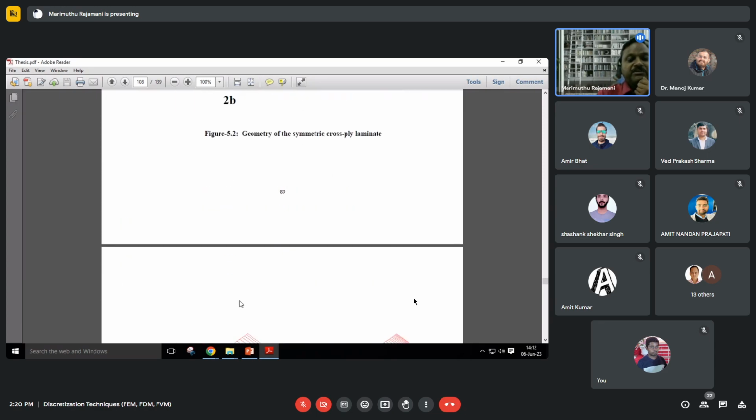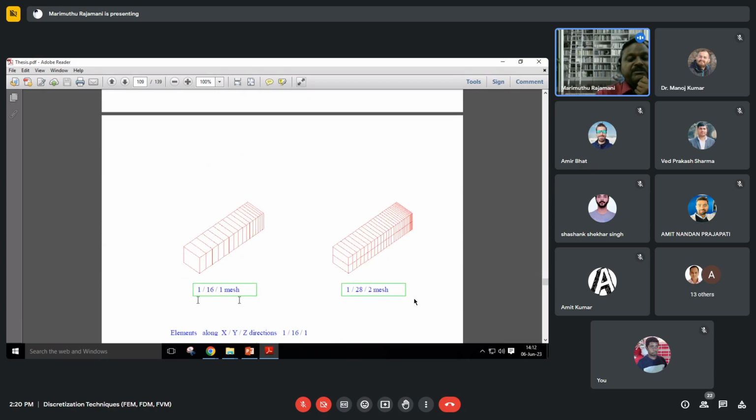So in one case, it has been meshed with a single element with 16 elements along it, and in the other case 28 by 2, 16 by 1. The whole thing has been assembled with only one brick element, and as it goes towards the boundary, it has been discretized with a larger number of elements.